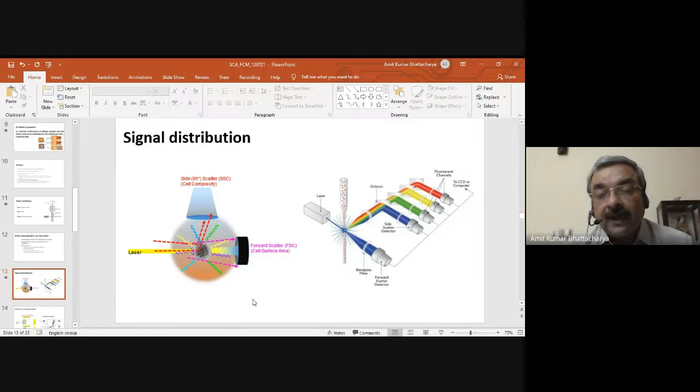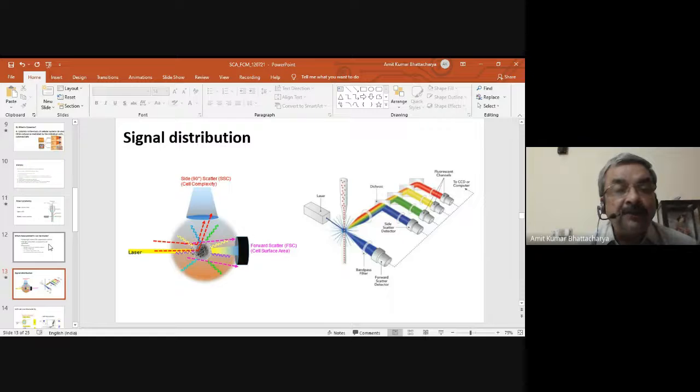Then some of the laser light is scattered when it enters the cell because of the particulate nature of the cytoplasm, and while it is getting inside, it is also hitting proteins which have fluorescent antibodies bound to them, and they emit light, and that is detected.